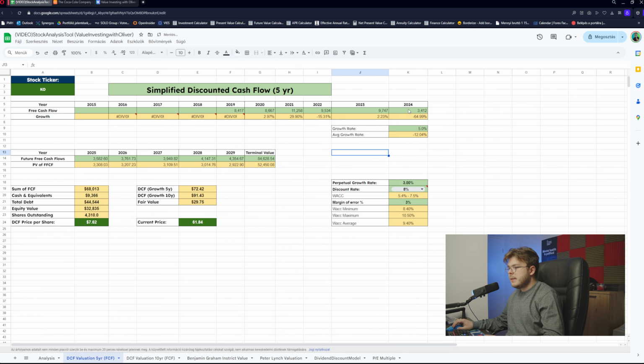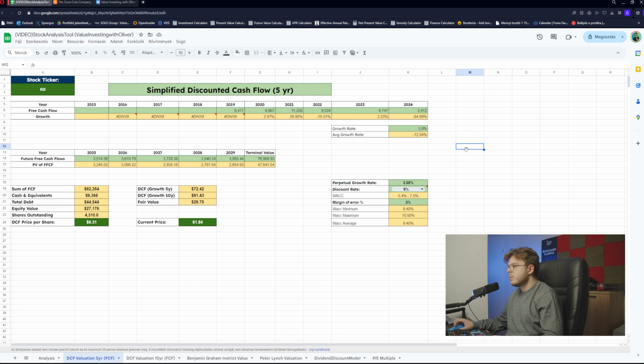We can see that 2024 is not a finished year, so this can change over time, but their average growth rate in this period was negative 12%, mainly due to this negative 65% decrease. But I would suggest going with a pessimistic or realistic 3% growth.